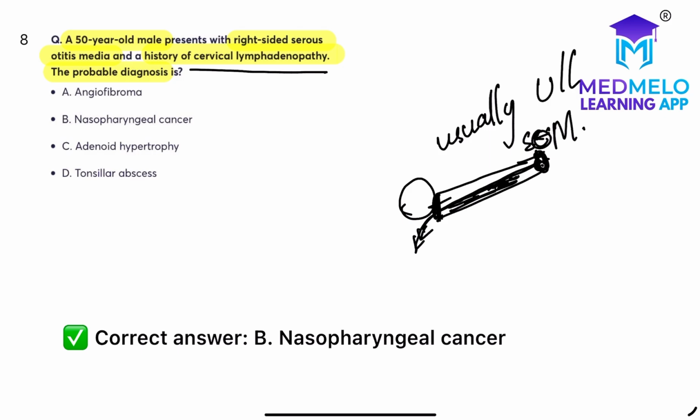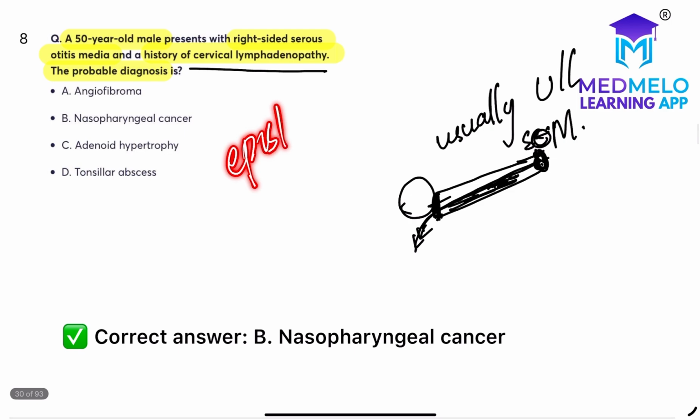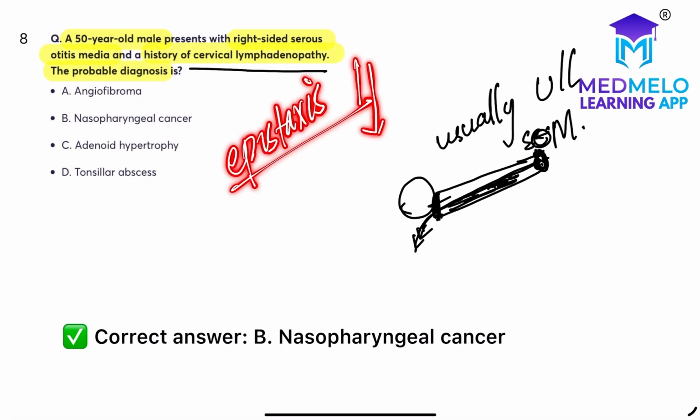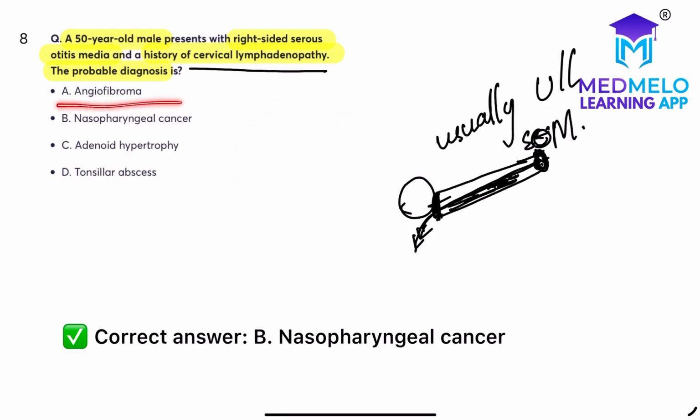The main complaint is epistaxis, that is the blood coming from the nose. That is the main complaint of angiofibroma, and rarely it causes any serous otitis media. The next option is adenoid hypertrophy. Hypertrophy is more common in children. It is unlikely in a 50-year-old man.